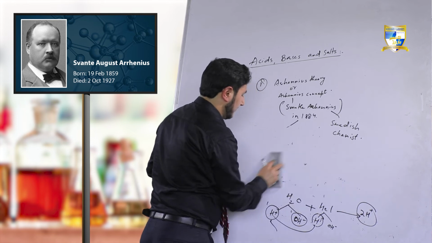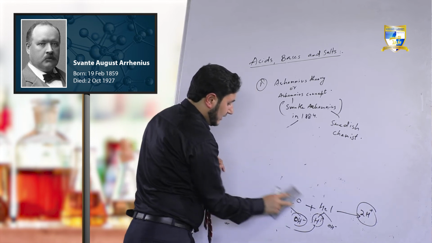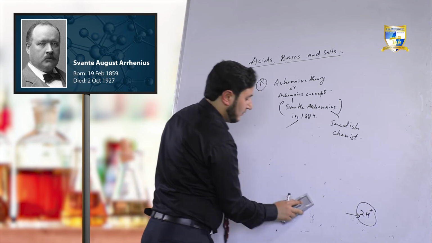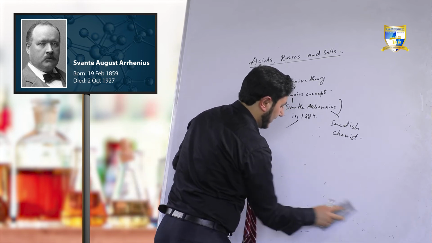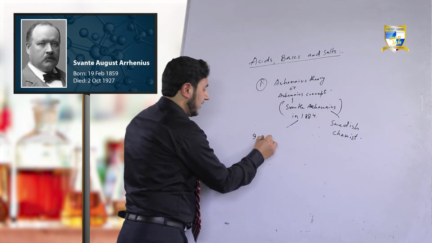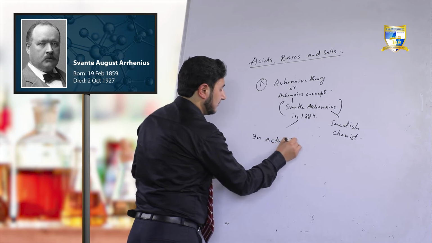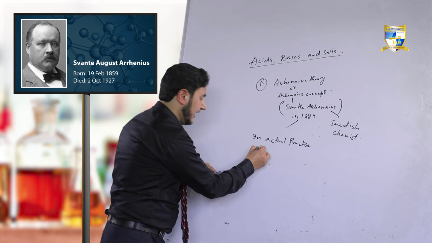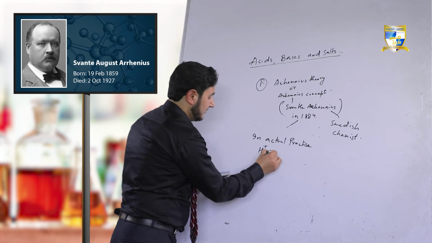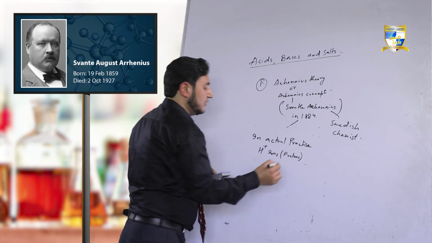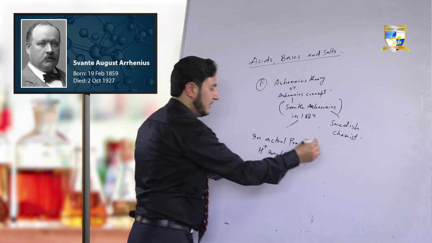Now, what do we see in actual practice? In actual practice, H positive ions, also called protons, since H positive is a proton, how? Let me clear it over here.